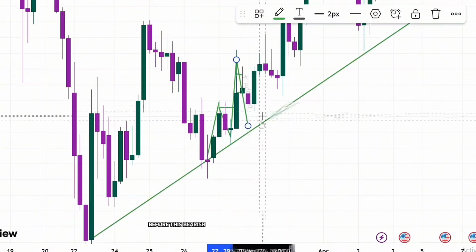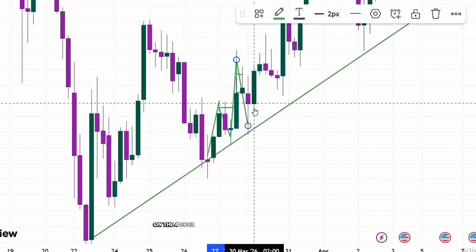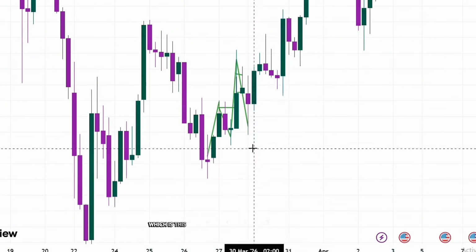Before this bearish candle finishes forming or closing on the 4-hour time frame, you notice one thing here, which is this swing low.